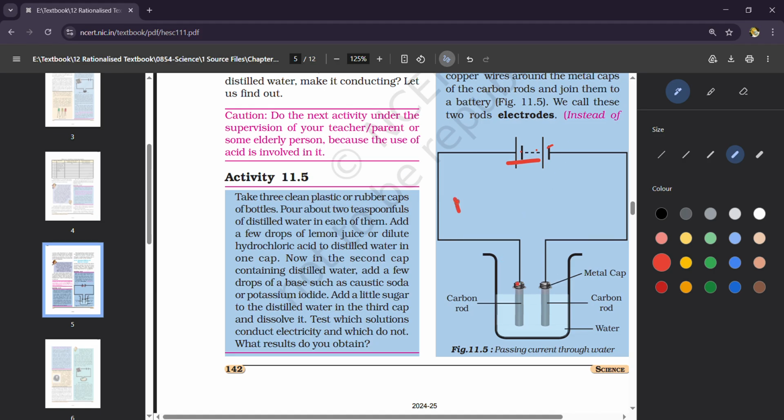Anode is positive, and cathode is negative, minus. And these two rods, these carbon rods, are called electrodes. And electrodes are of two types: anode and cathode.